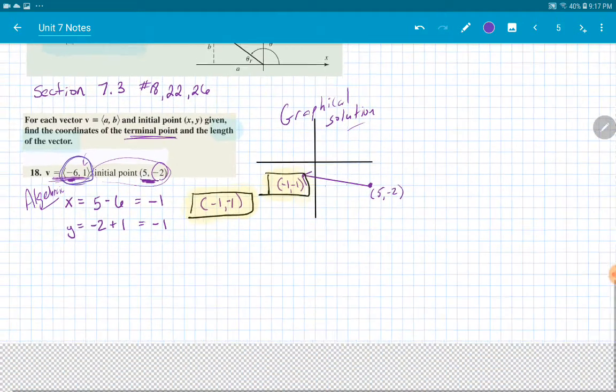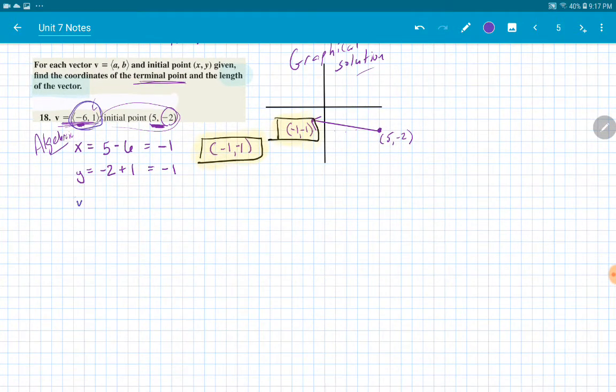Sorry, let me scroll this up so I can write neater. The -6 squared, and the vertical component, the 1 squared, which gives me a square root of 36 plus 1, which is 37.